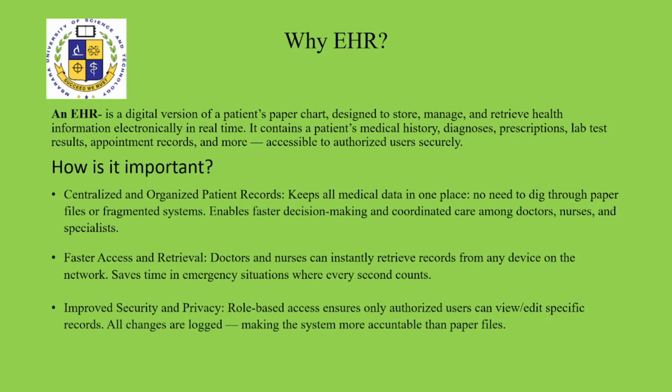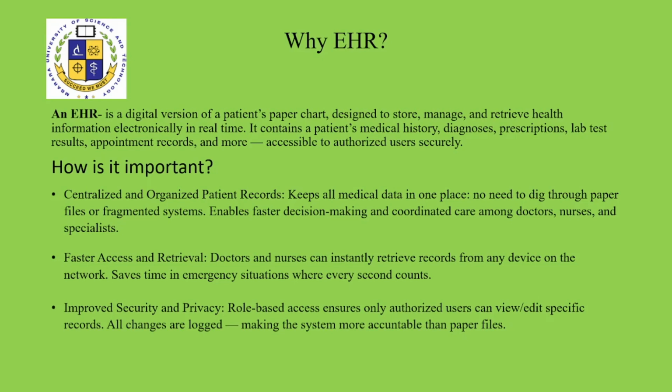We also have fast access, as I've pinpointed before, and since this is a centralized container where all records are accessed, we should guard it safely. Thereby we have security and privacy protocols, which are the rules to follow.